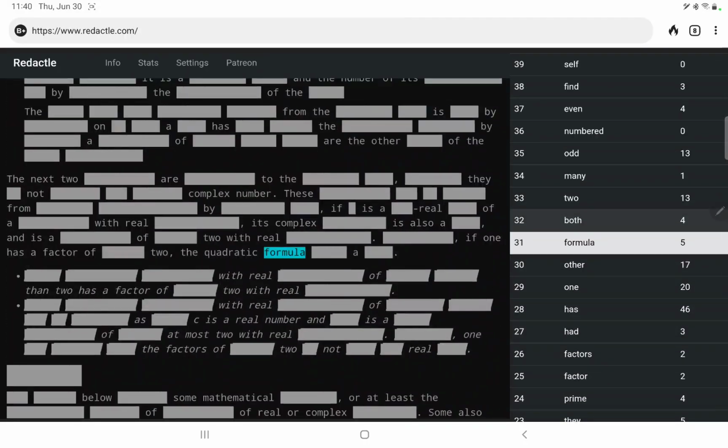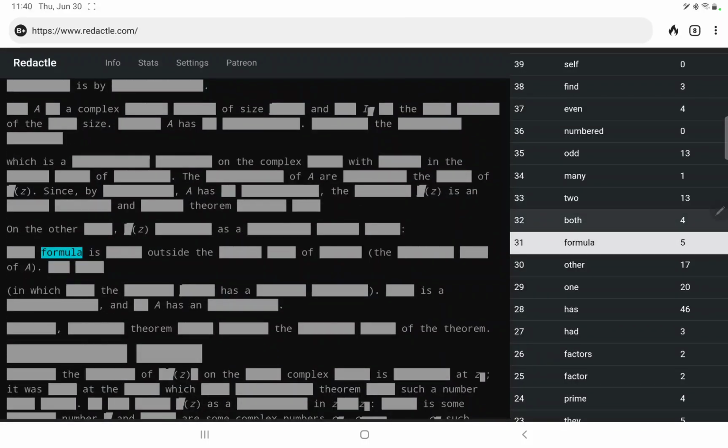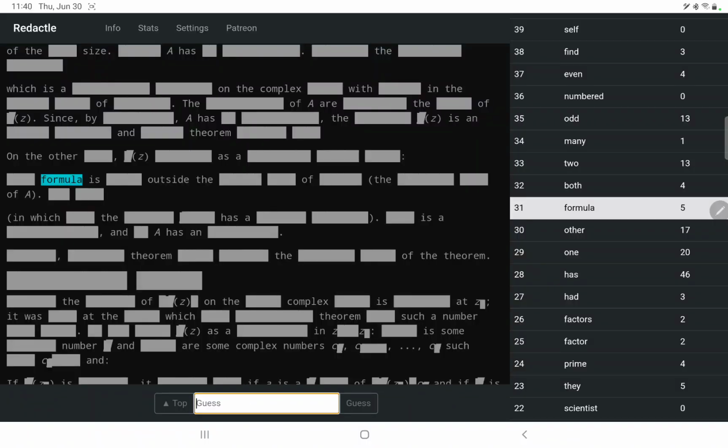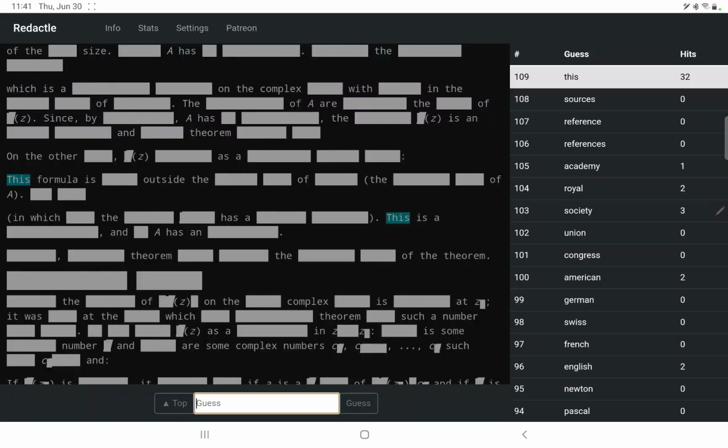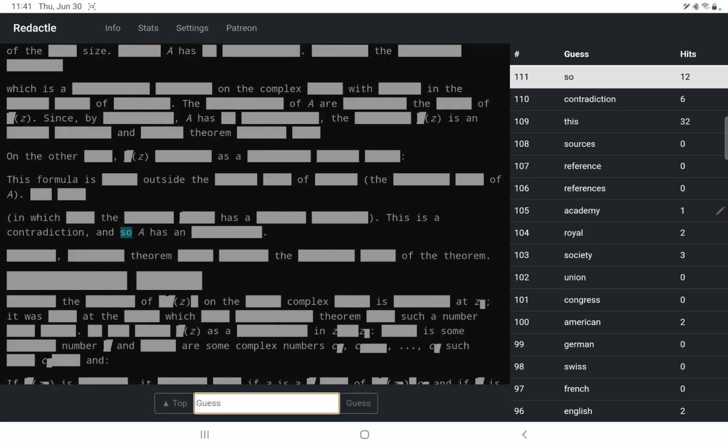Quadratic formula. This formula is something outside the something something of whatever. This is a contradiction, maybe? Oh, now that is ridiculous. This is a contradiction, and so A has an something or other.